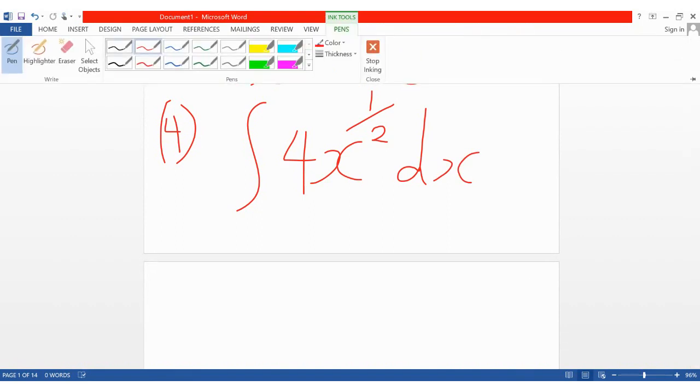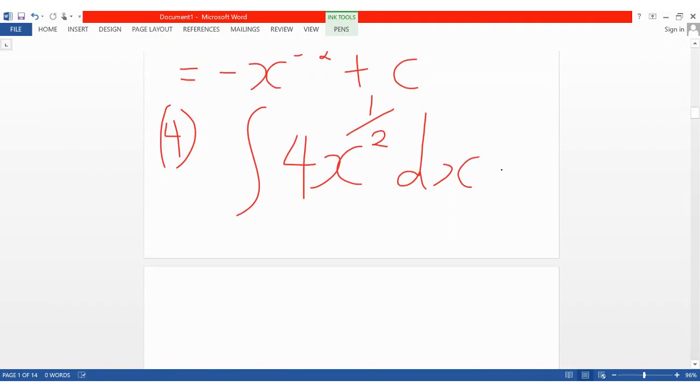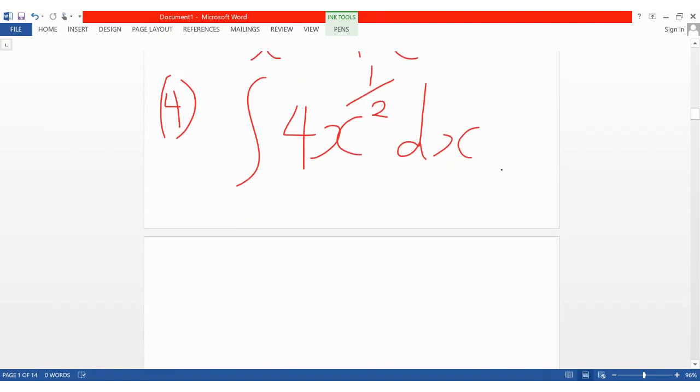We try that one. Again, we shall just add 1 to the power, x to the half plus 1 all over half plus 1 plus c.